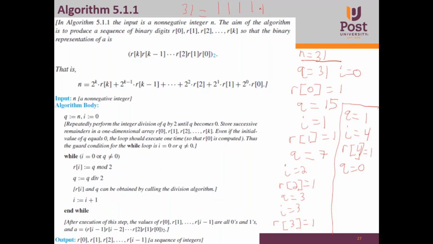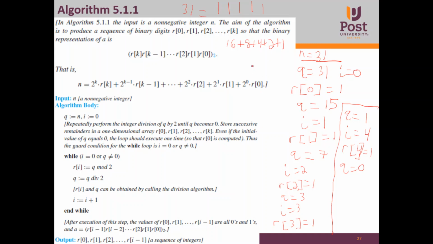So this will be 2 to the 0, 2 to the first, 2 squared, cubed, and fourth. So this will be 16 plus 8 plus 4 plus 2 plus 1. This makes 24, 28, 31.